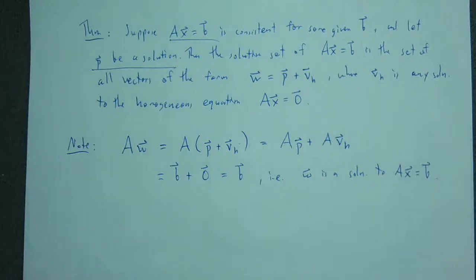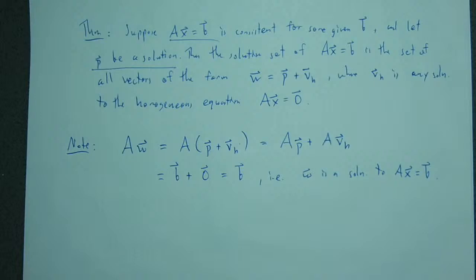So it's a solution to Ax equals b, but is any solution of that form? I won't do that direction, but it's actually not so bad. It's essentially exactly what we did in that example. And so that's the idea here.